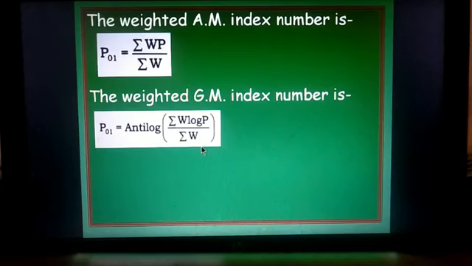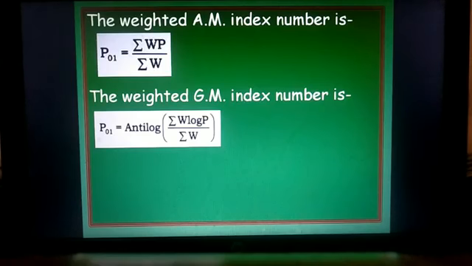Since here W is the weight applied, we are getting P01 to be antilog of sum of W log P divided by sum of W. Based on the arithmetic mean and geometric mean basic information from your previous year's syllabus, you can very well make out all these differences in terms of index number.